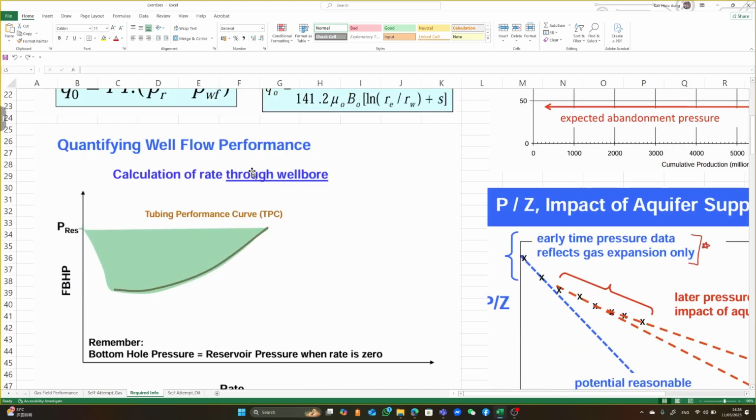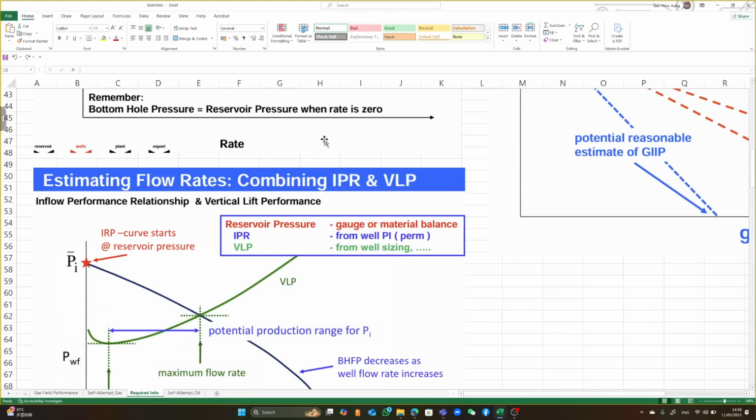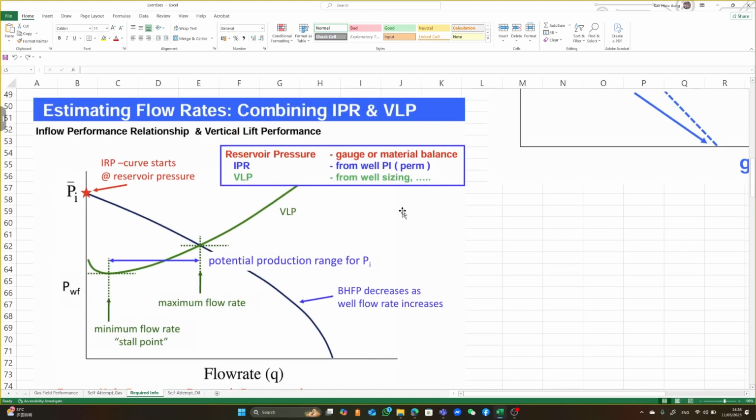Now let's actually focus on the vertical lift performance curve. So what does it actually mean? Lifting basically means that once you perforate into the reservoir interval, there needs to be some sort of force to make sure that the well flows from the reservoir into the surface facilities, and you can distribute it to the markets, etc. So vertical lift performance curve, VLP for the abbreviation, actually comes from the well sizing, which we will dive deeper into later in this video.